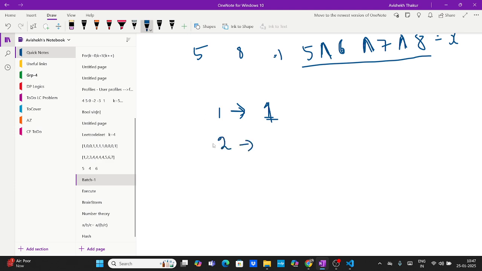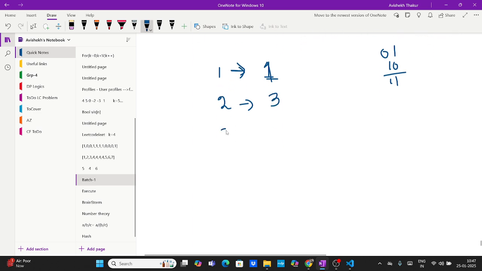What is the bitwise OR of 1 and 2? 3. What is the bitwise OR of 1, 2, 3? What is the value?